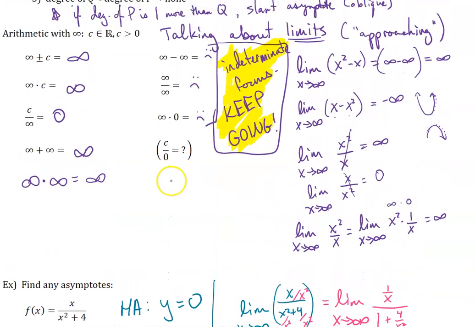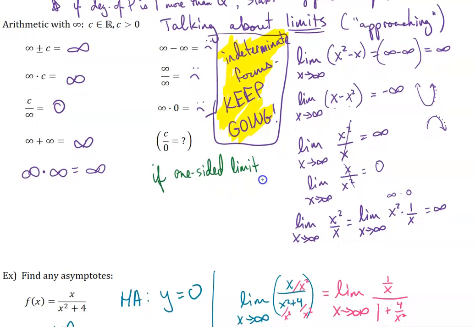And as I'm doing this, I'm remembering that in the last video, I did not answer this last question, so backing up real quick. If we have a constant divided by 0, no, we can't divide by 0, but if this is a one-sided limit, then this approaches either positive or negative infinity.